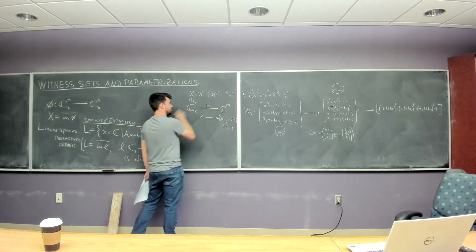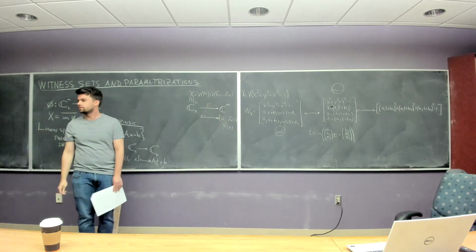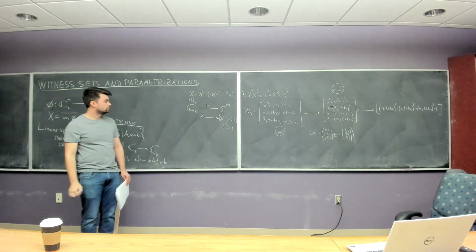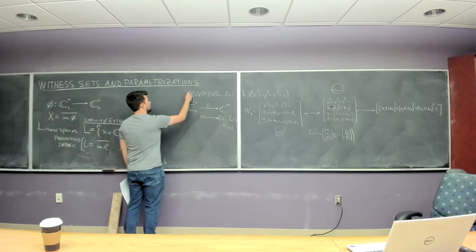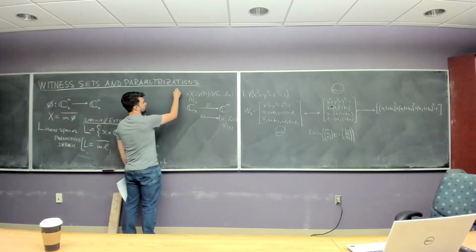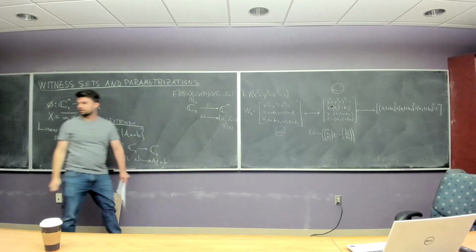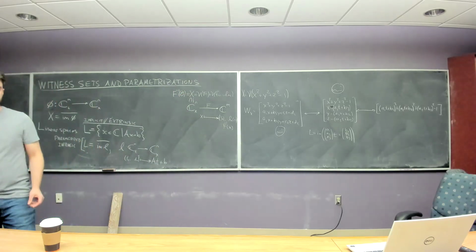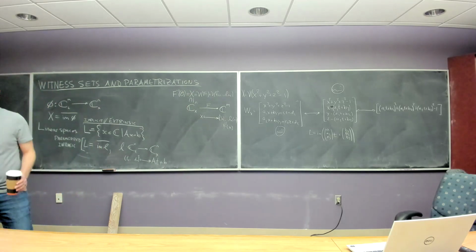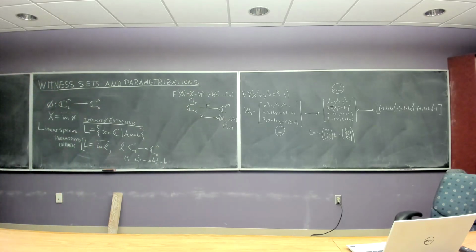Might even call this map F. That would be an appropriate thing to call this. And then what are you doing? You're interpreting X as the preimage of the all zeros vector. If you like your arrows, this is what a variety is. It's the fiber of zero of some polynomial map.